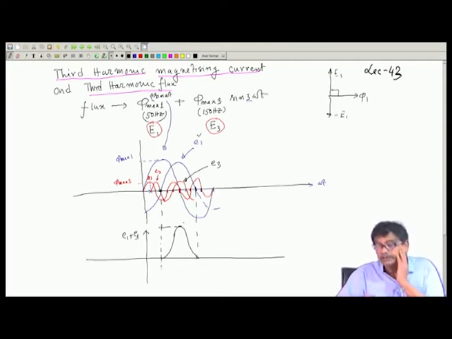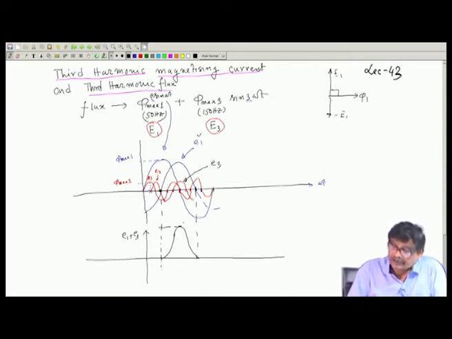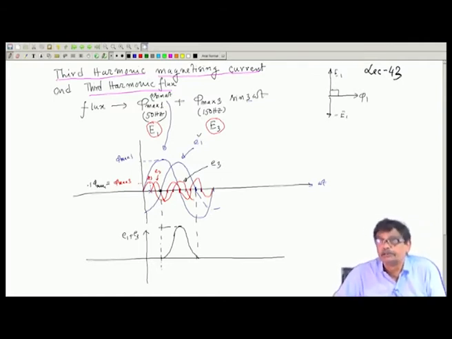Now, the question is, what is the order of the third harmonic flux? It may be of the order of 8-10%. Okay, suppose. Then, if this is phi max 1, phi max 3 will be about 0.1 phi max 1, suppose, let us do that. Then, this induced voltage third harmonic may be as high as 30%.